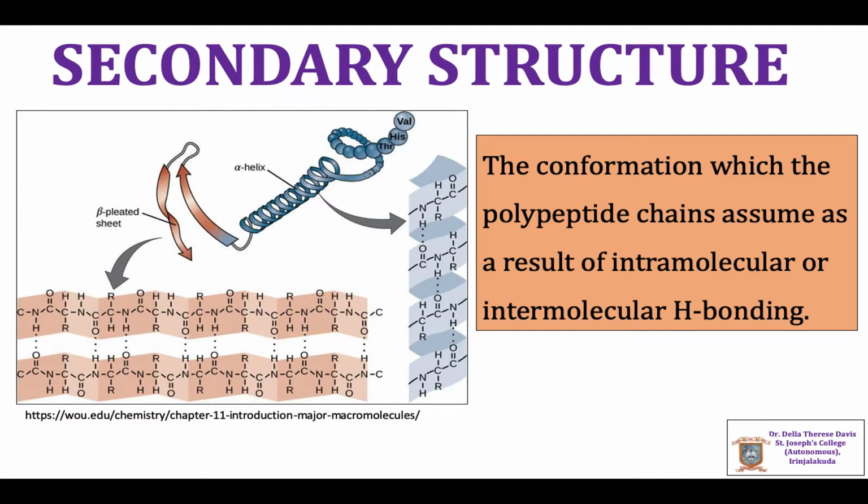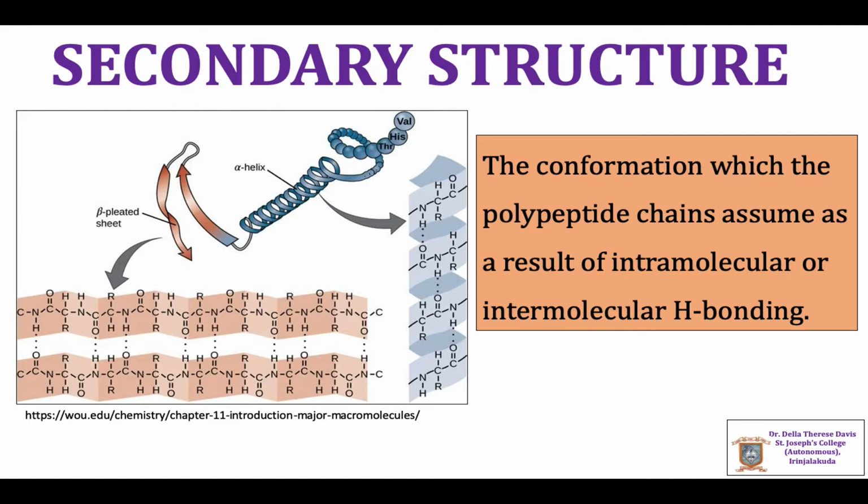In alpha helix structure, the polypeptide chain coils into a spiral form due to the formation of intramolecular hydrogen bonding.